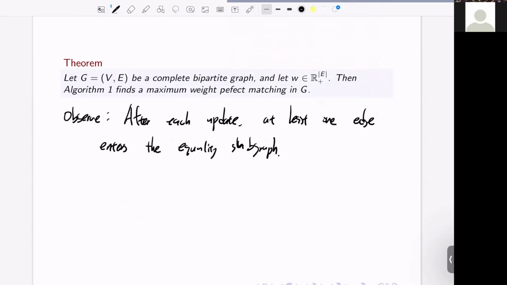This is due to the way we design the algorithm. We take the minimum value epsilon, and we update the dual variable so that one edge will have value 0 for the gap. So this means that the number of iterations is order of V squared, because V squared is the total number of edges.